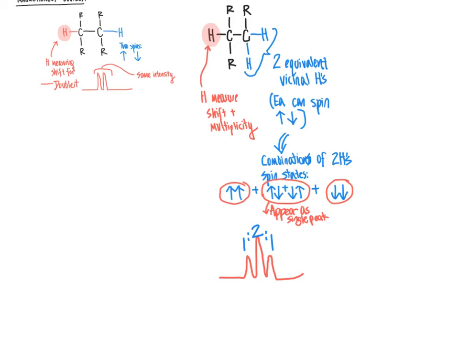And so what this phenomenon gives rise to, if we continued drawing this out as all the different combinations of up and down, depending on how many equivalent vicinal hydrogens there are, what we will see is that we can use Pascal's triangle to give us the approximate relative areas of these multiplets, depending upon how many vicinal hydrogens there are.